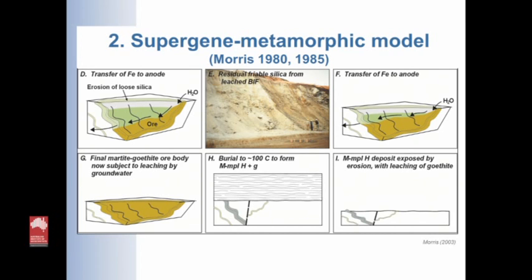This martite-goethite ore body was then buried during the Proterozoic and heated to temperatures of about 100 degrees centigrade, whereupon the martite-goethite was transformed to microplaty hematite. Then this package was eroded and superimposed on by our more recent supergene upgrade.